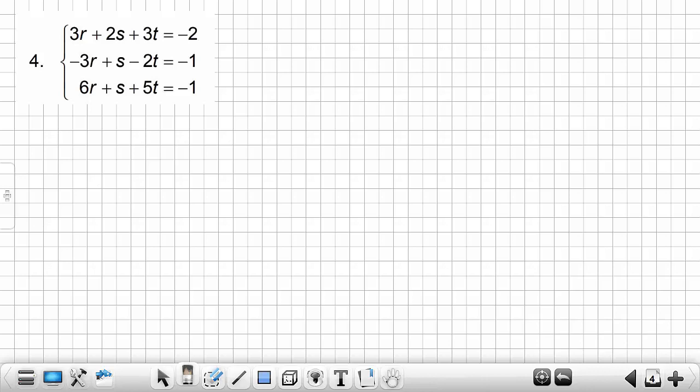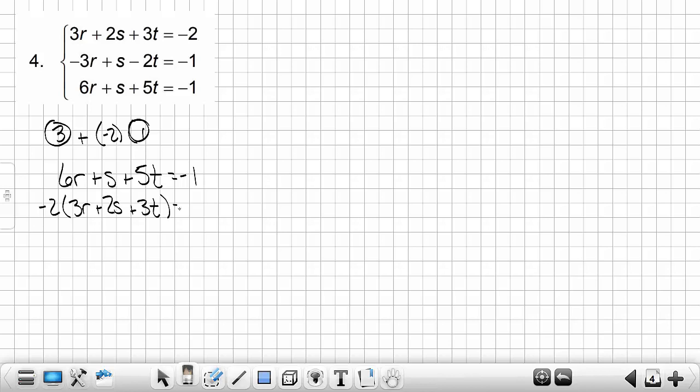This one, I'm going to go ahead and solve for r, just to change it up a little bit. So I'm going to do equation 3 plus negative 2 times equation 1. Equation 3 is 6r plus s plus 5t equals negative 1. Negative 2 times equation 1: negative 2 times 3r plus 2s plus 3t equals negative 2, and I'm multiplying both sides by negative 2.